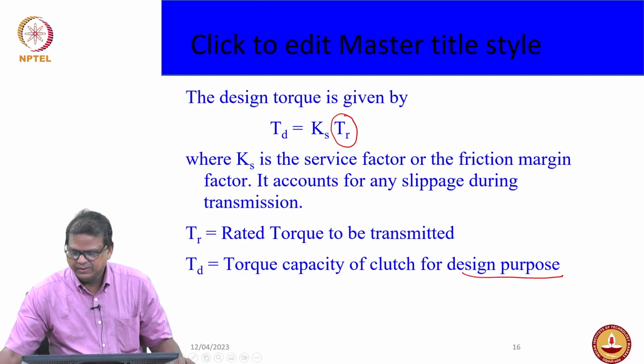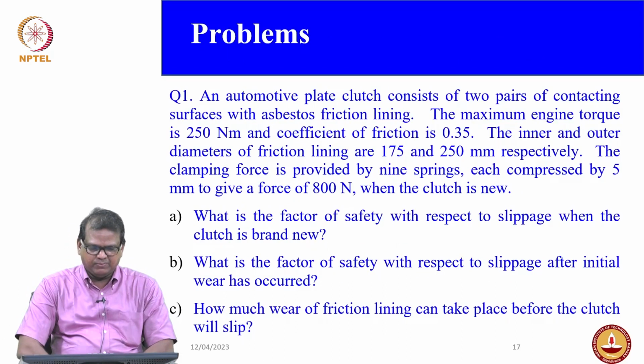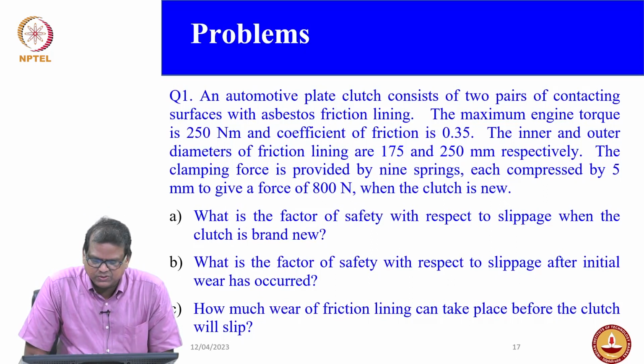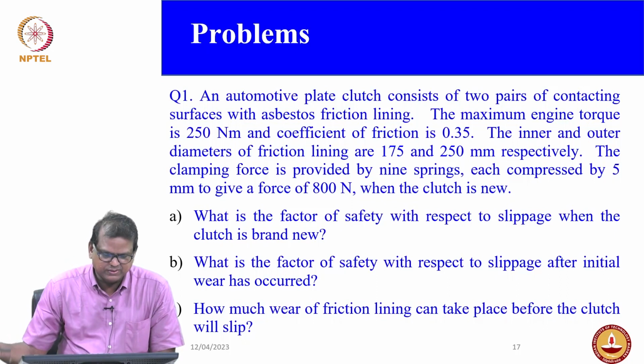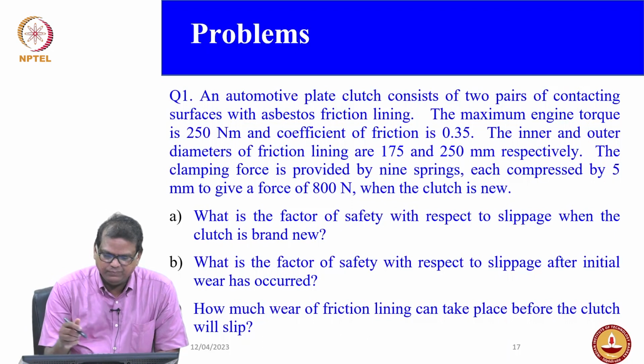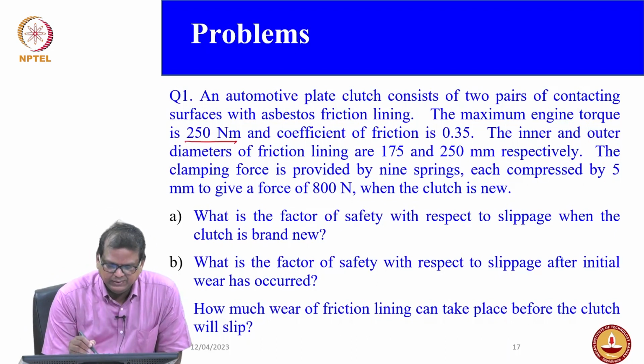Now, we will do a problem. Please take down the problem. An automotive plate clutch consists of two pairs of contacting surfaces with asbestos friction lining. The maximum engine torque is 250 Newton meter and the coefficient of friction is 0.35.